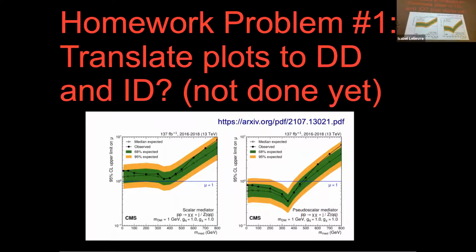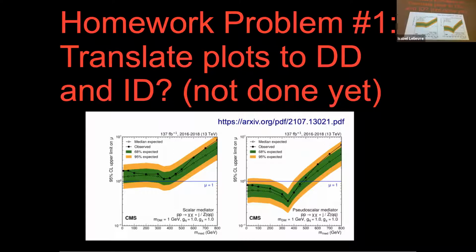And what is mu on that y-axis? What is mu? Oh, sorry, this is mu. There's a coupling. There's another version of this with coupling. Okay, yeah, mu is, just to be clear, let me write this down. It's coupling squared. So mu is just the cross section that you measure, so sigma observed, over the predicted cross section, right?